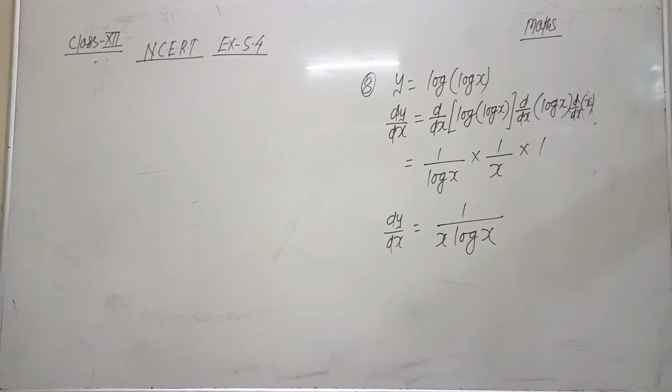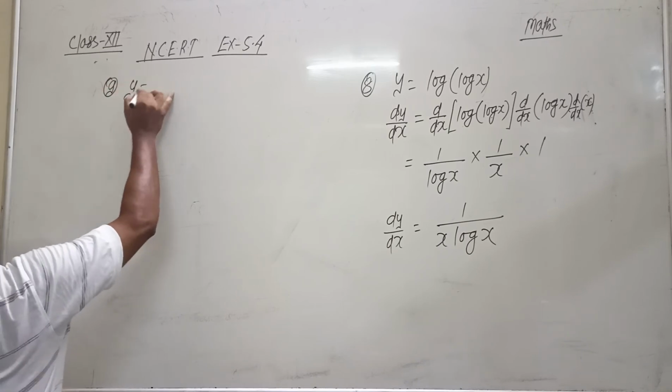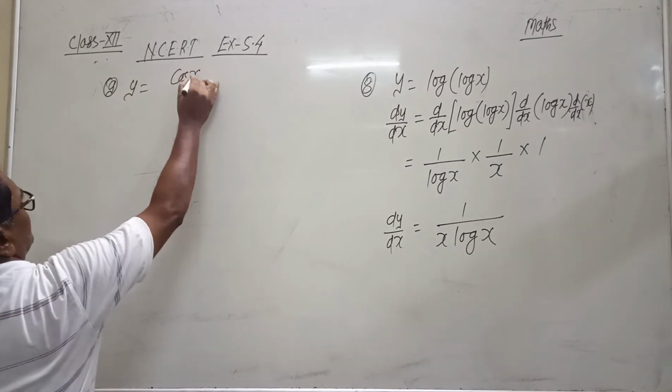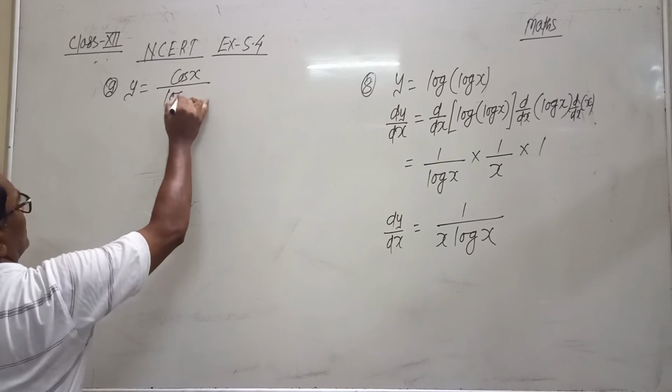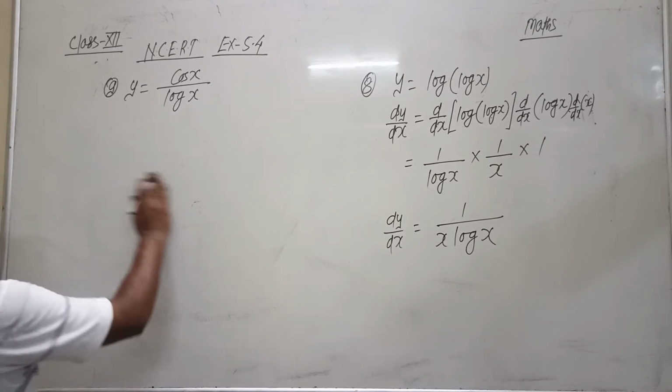Next, question number 9. y equals cos x by log x. This is the form u by v.